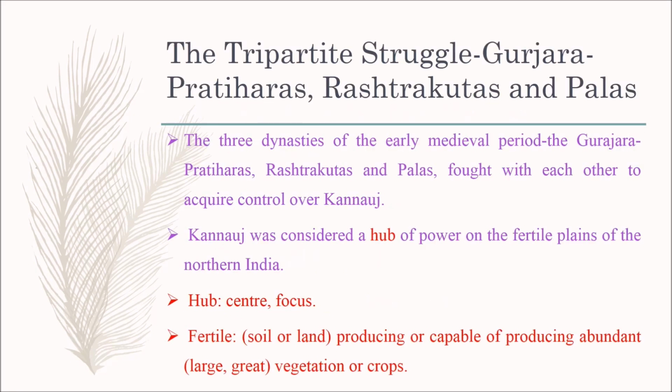First, we are going to learn about the tripartite struggle, Gurjara Pratiharas, Rashtrakutas and Palas, the 3 dynasties of the early medieval period. The Gurjara Pratiharas, Rashtrakutas and Palas fought with each other to acquire control over Kannauj.